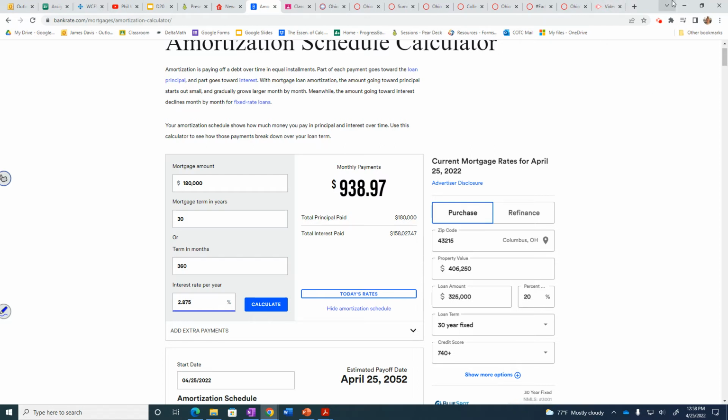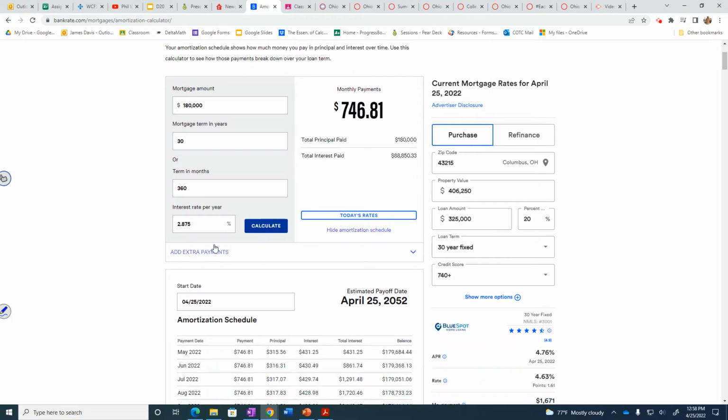So just watch what changes to the payment. Let's say you refinance, you got a low interest rate. Interest rates were low, and a refinance just means you sort of get a new loan to replace it, right, with a different bank. And so when I calculated that, it's going to go from 938 down to 746. So it reduces your monthly payment by about $200. Your interest rate makes a big difference.